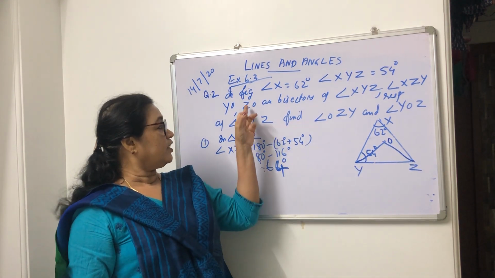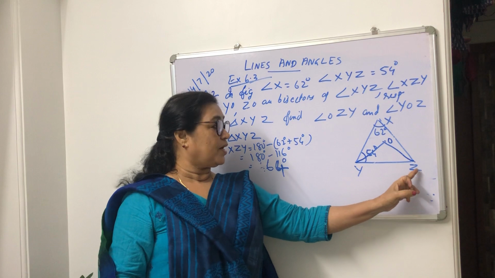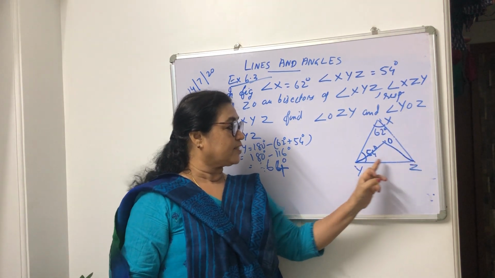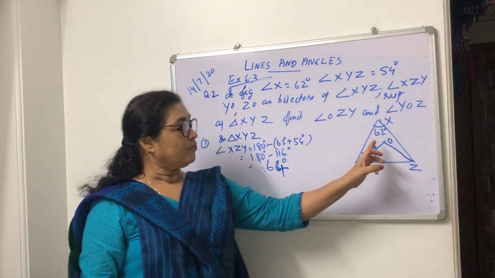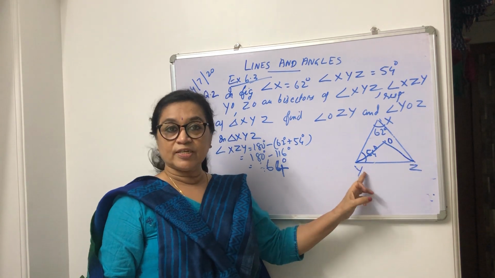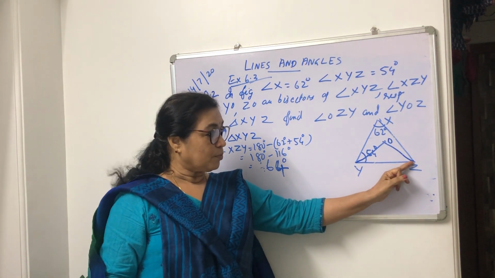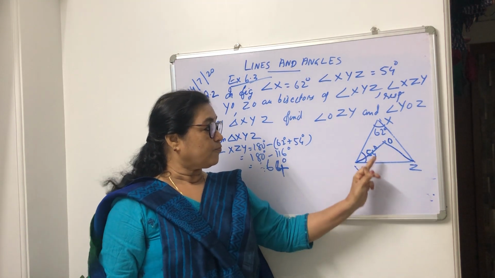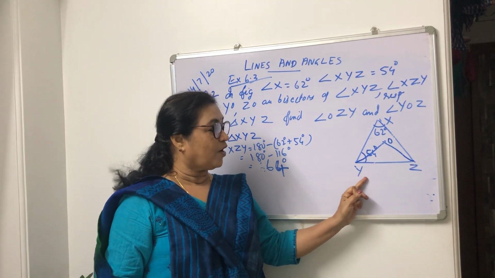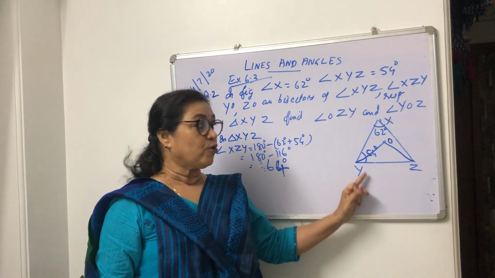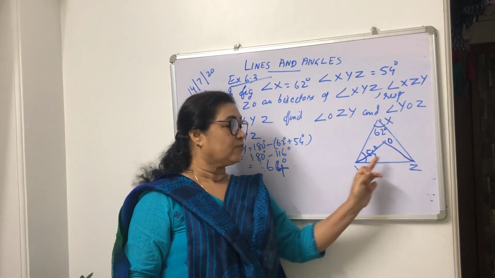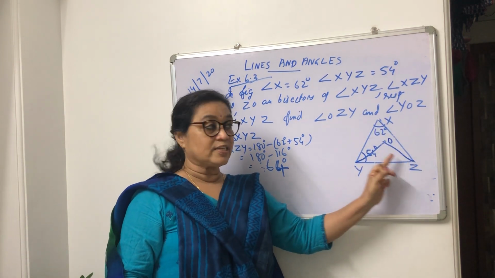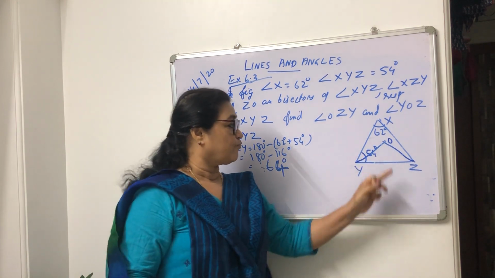It is given ZO is the bisector of angle XZY. Therefore, what is angle OZY? Remember, ZO is the bisector of this angle. Therefore, angle OZY is half of angle XZY. What is angle XZY? It is 64.